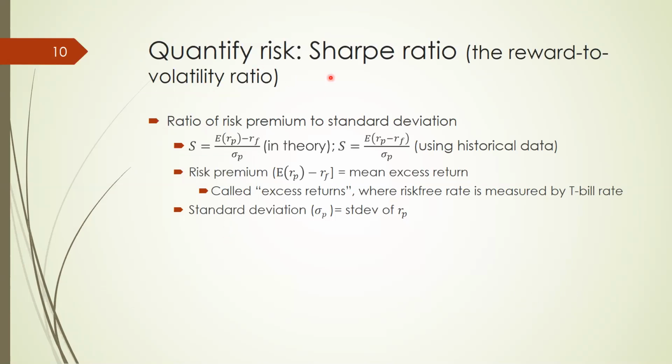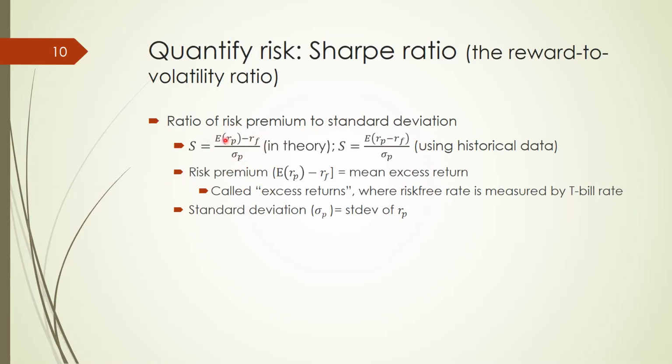To quantify the trade-off between risk and return, we typically use the Sharpe ratio, which is also called the reward-to-volatility ratio. The Sharpe ratio was invented by Professor Sharpe, who is a Nobel Prize laureate for inventing the Sharpe ratio and the CAPM. The Sharpe ratio in theory is a ratio between the risk premium and the risk of the portfolio.